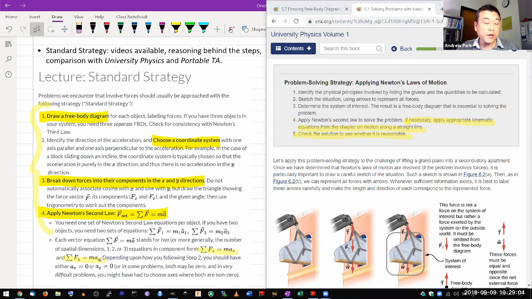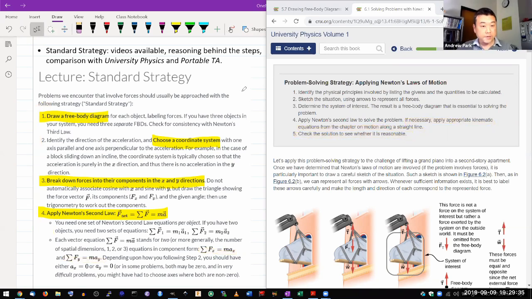So really, there's a step number 5, which is actually solving the problem. But once you get to step number 4 and you have a system of equations, then most of you know how to go from there and solve your system of equations to actually get a result. And checking to see whether the solution is reasonable, that's a habit you should be building, and we'll be illustrating that plenty of times throughout this semester.